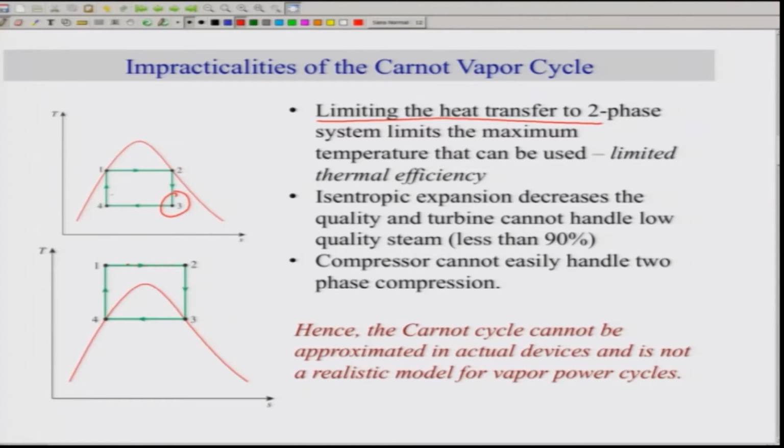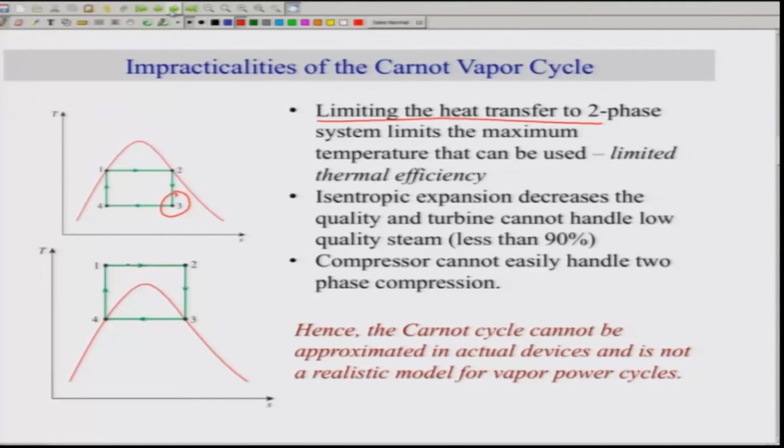Second, you can avoid the two-phase handling issues for the turbine from 2 to 3, but for 4 to 1, the pump has to operate at a very high pressure, because it has to compress from 4 to 1, and this is also an impracticality. Hence the Carnot cycle cannot be approximated in actual devices, and it's not a realistic model for vapor power cycles.